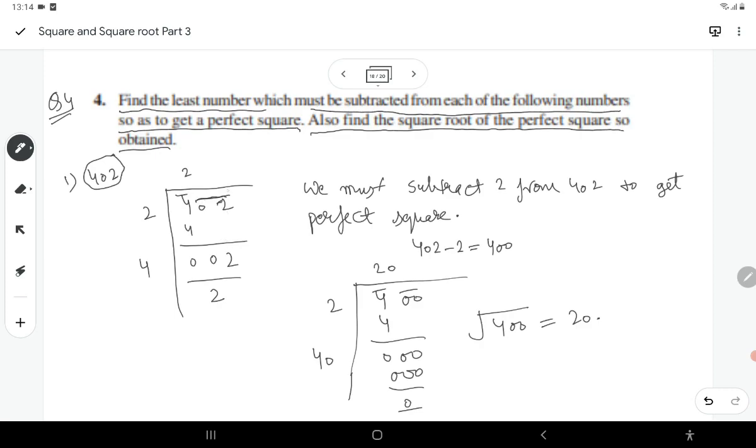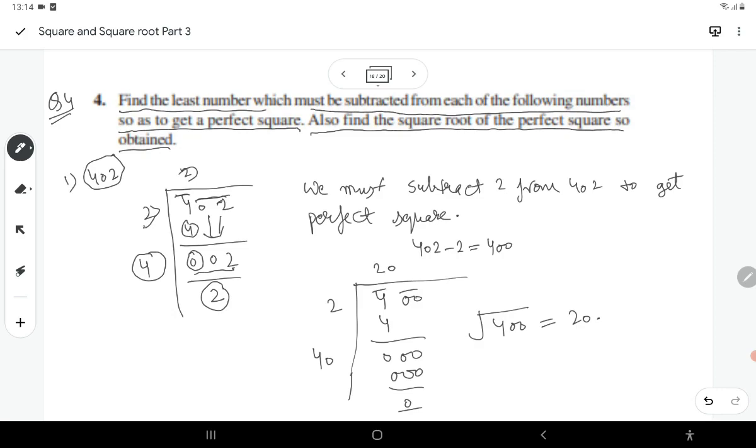So first make the pairs: 02 as one and 4 as a single. So we know that the largest possible comes out to be 2 2s are 4. Bring down the remainder: 4 minus 4 is 0, and the left-out part 02 also comes down. So the final remainder comes out to be 02. Now double the divisor, which becomes 2 2s are 4, and the final remainder comes out to be 2.